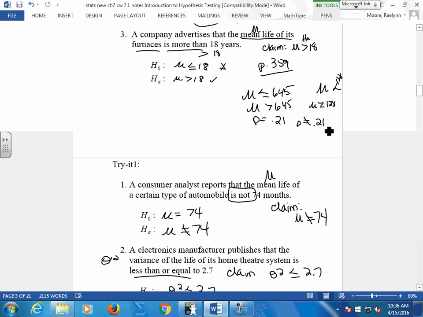Now, look at number 17. Which graph matches up with number 17? A, B, C, or D? C. Why? It's greater than 3 and the circle is open, right? Good. Okay, now, the HO for greater than 3 would be what? Less than or equal to 3. Very good. Which graph matches up with 18?